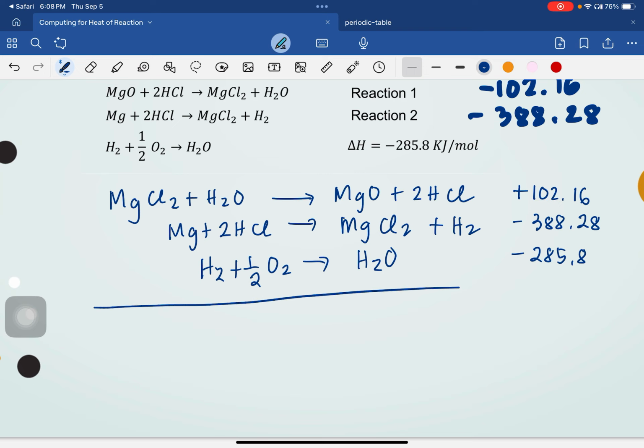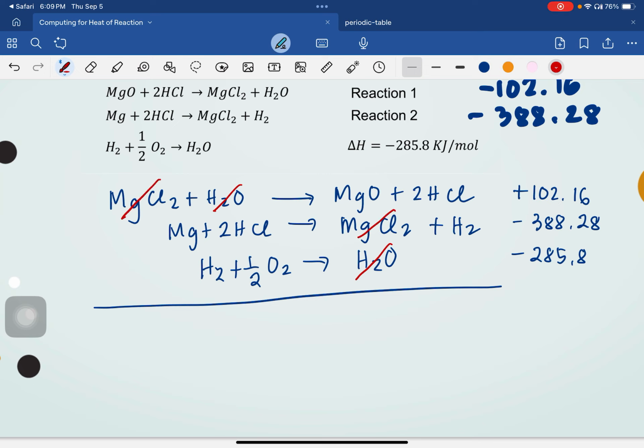So let's see. Using our Hess's law, remember, it's only the sum of the step reactions. And whenever you see the compound or the element on both sides of the arrow, then we can cancel them out. So let's see, I can see water being cancelled. And then MgCl2. Here we go.